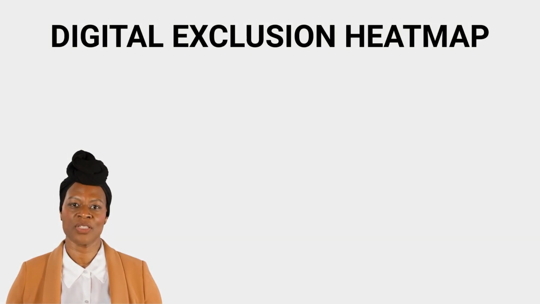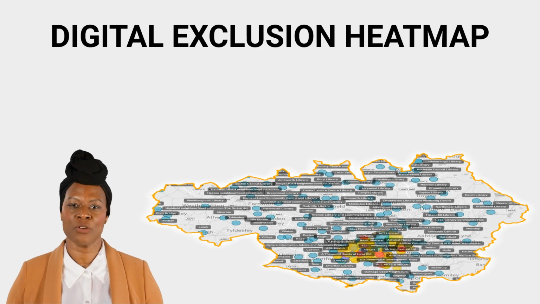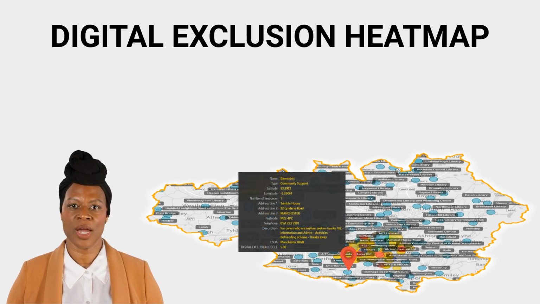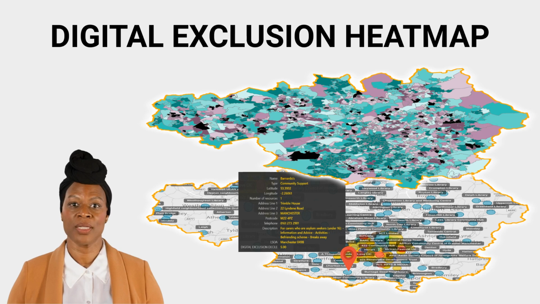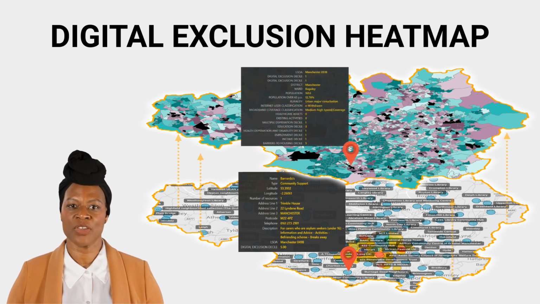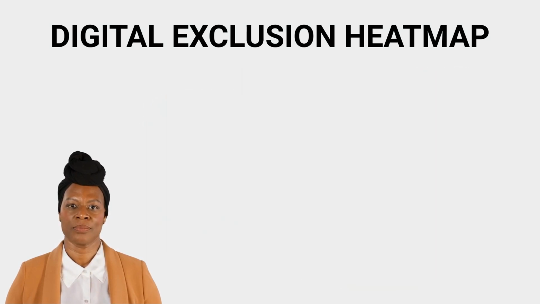While not a definitive measurement tool, the heat map provides a baseline to visualize and compare the complexities of digital exclusion, using clear color coding to highlight key demographic, socio-economic, and infrastructure factors.